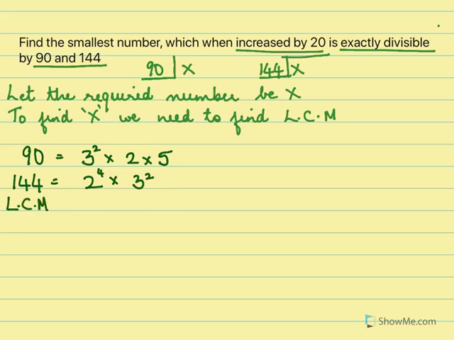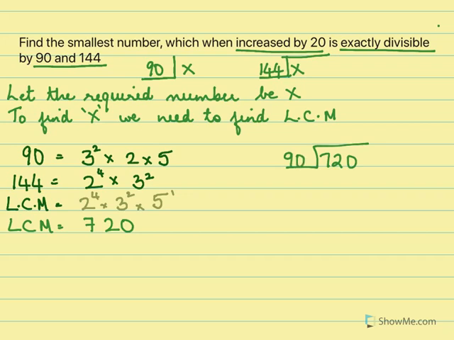So when we do the LCM, we write all the factors, that is 2, 3 and 5, with the highest powers 4, 2 and 1, and the LCM works out to be 720. 720 is exactly divisible. If we divide by 90, you get 8, remainder 0. 720 divided by 144 gives 5, remainder 0.